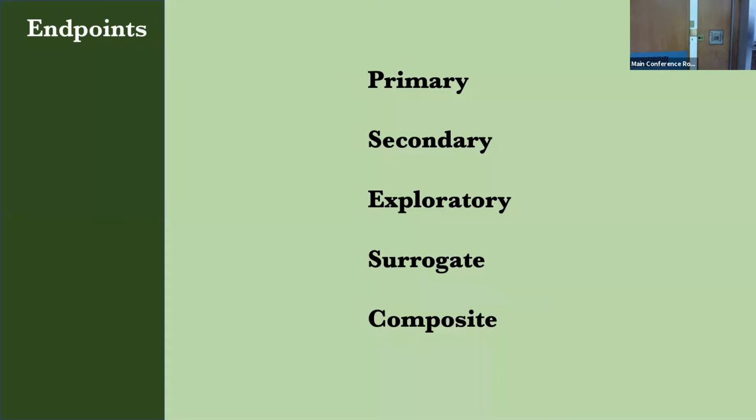Surrogate outcomes: a surrogate means substitute, right? So you substitute an outcome that is important to you with something that is less important, but you want to extrapolate from that substitute what is going to happen to the outcome that matters. For example, in trauma research, when you're looking at efficacy of a study, the main thing that matters to you is mortality, right? But the mortality from trauma is low, 1% or 2%.